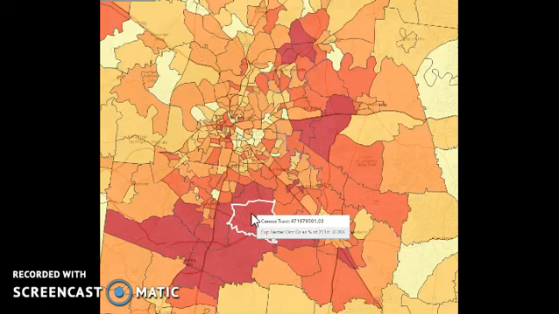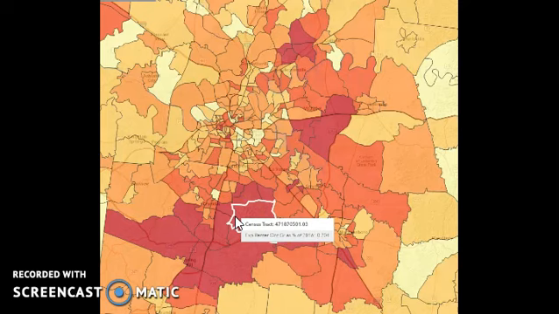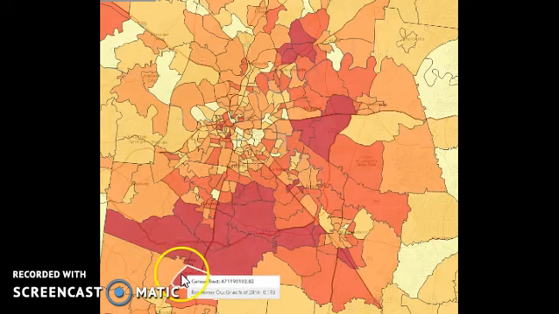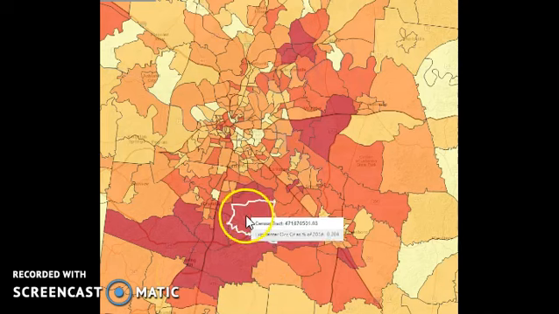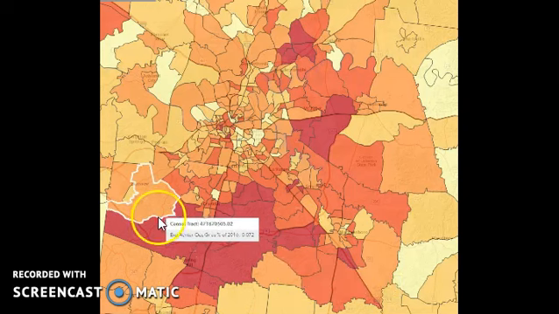Right here, that's over 20% growth. You can see the 0.204 right there. That's 20% growth between 2016 and 2021. 25%, 18%, 19%, 19.3%. Lots of growth down here on the south side of Nashville.